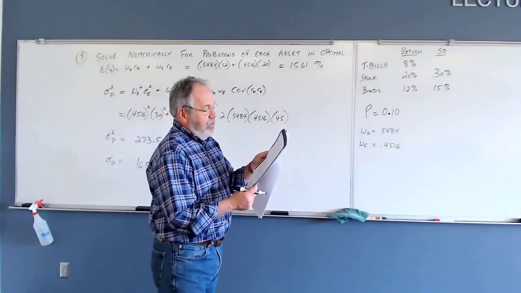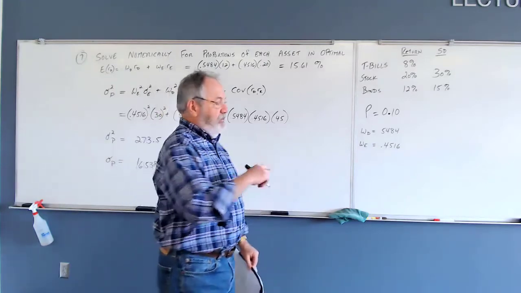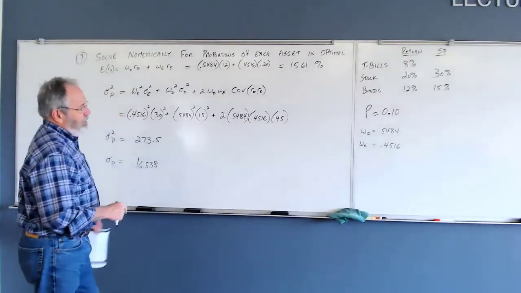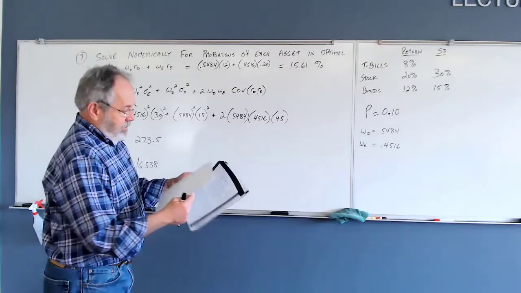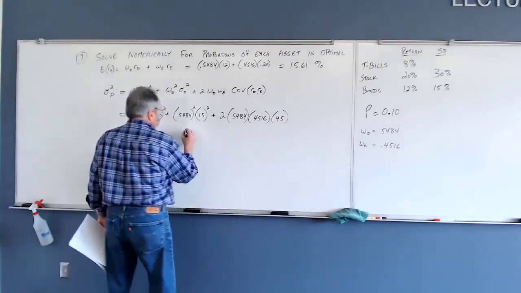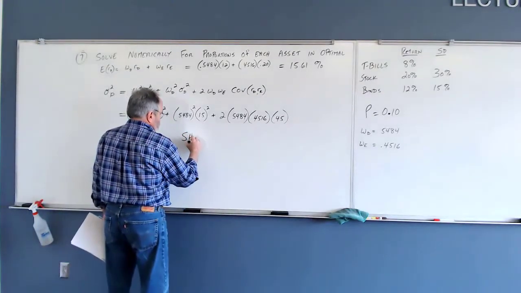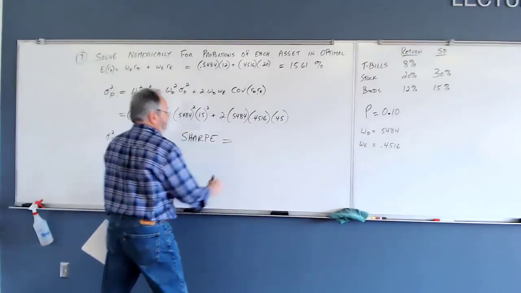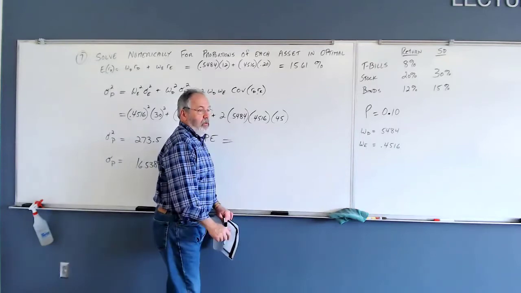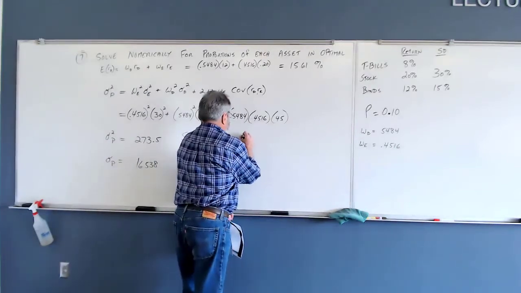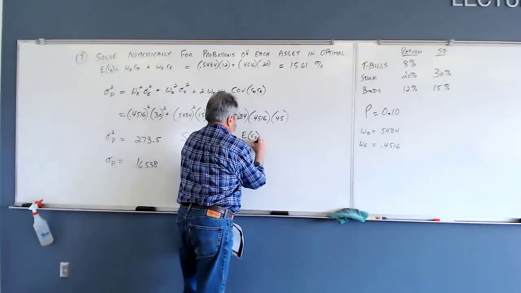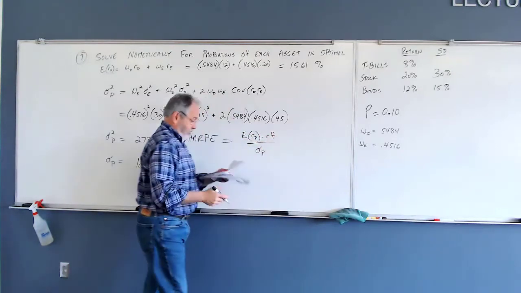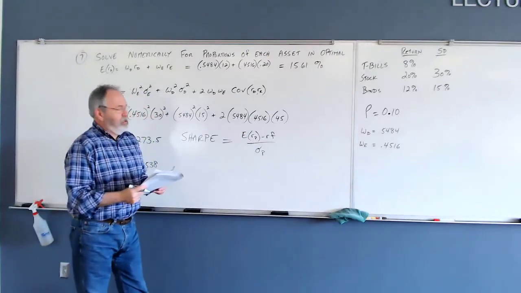says, what is the Sharpe ratio of the best feasible portfolio? Well, we all know, right? Sharpe is some sort of a measure of reward over risk. Expected return minus risk-free over sigma p. Yeah, that's all, right?